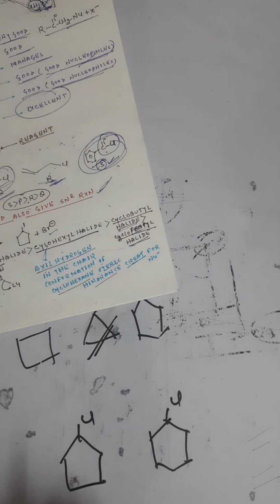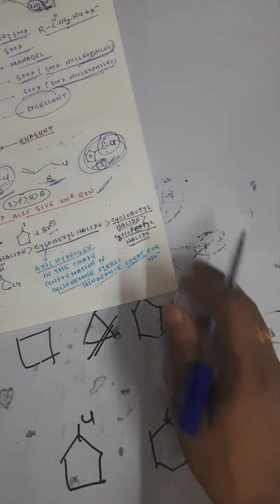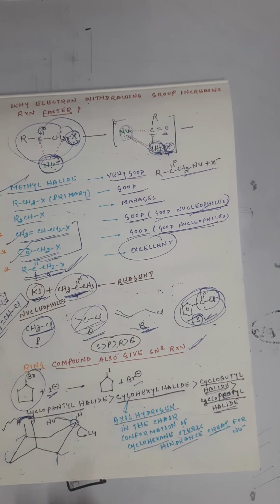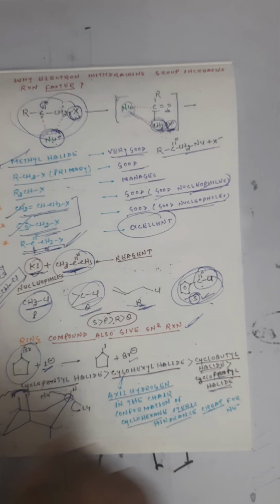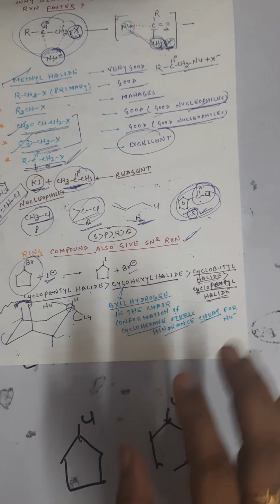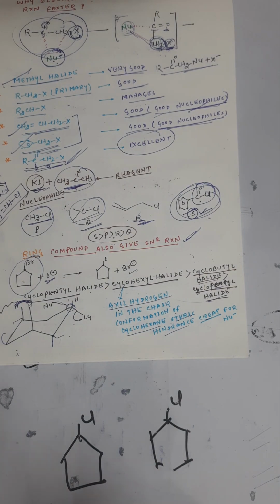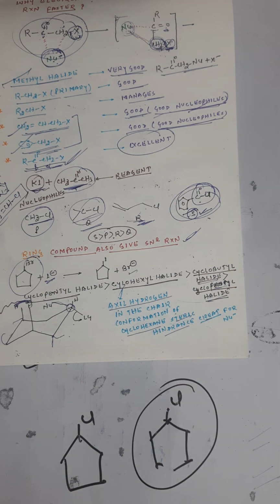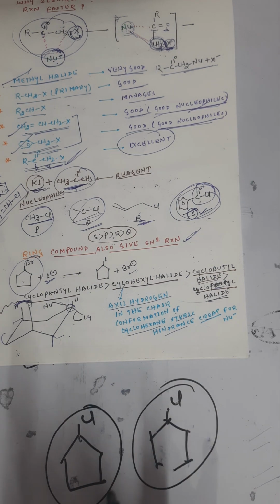I'm not going into why crowding happens because it is an isomerism topic. But keep in mind that when the chain increases, crowding decreases, right? So on the basis of crowding, SN2 should be faster in cyclohexyl halides than cyclopentyl, on the basis of strain and hindrance I'm talking about.